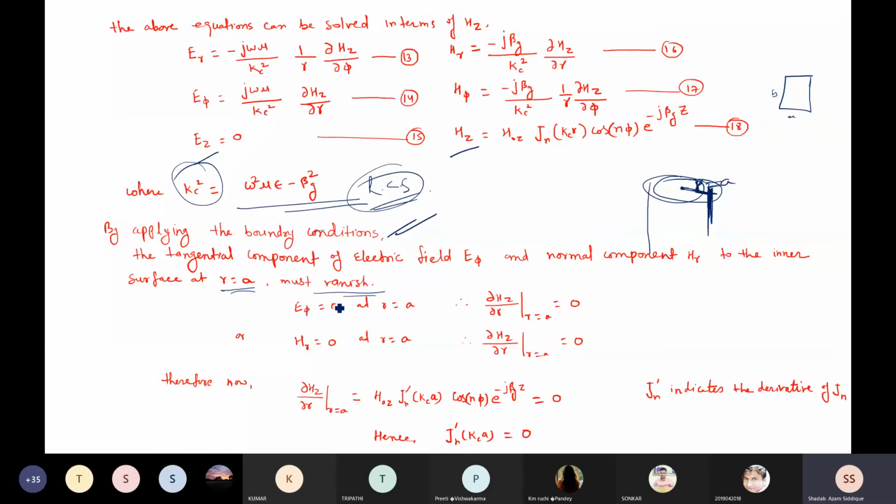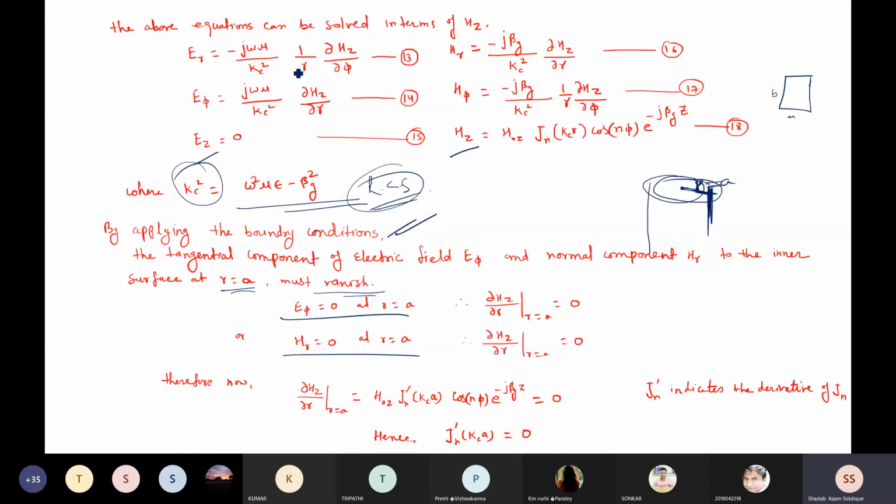So Eφ should be equal to 0 at r equal to a. Again, the tangential component of the electric field, that is in the φ direction, is Eφ, and the normal component Hr must vanish at the inner surface of the circular waveguide, at r equal to a. So both should vanish.